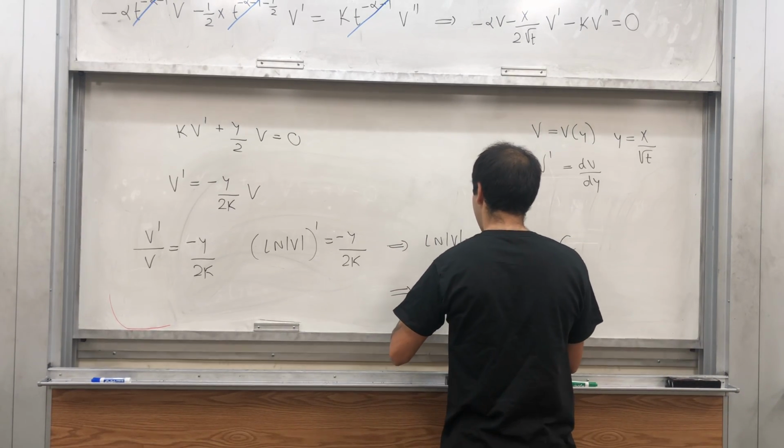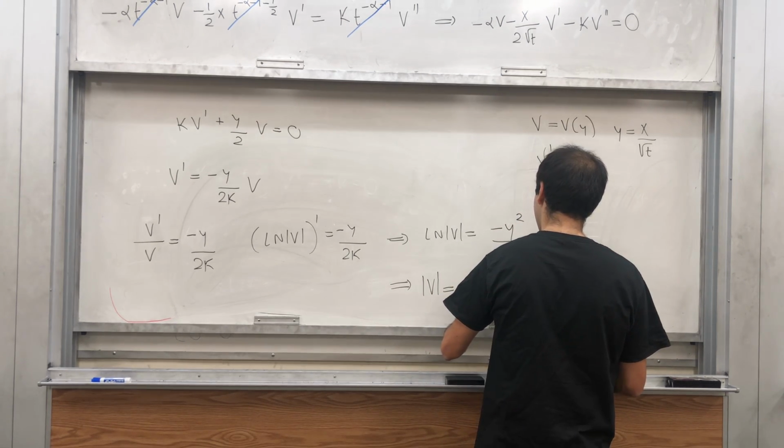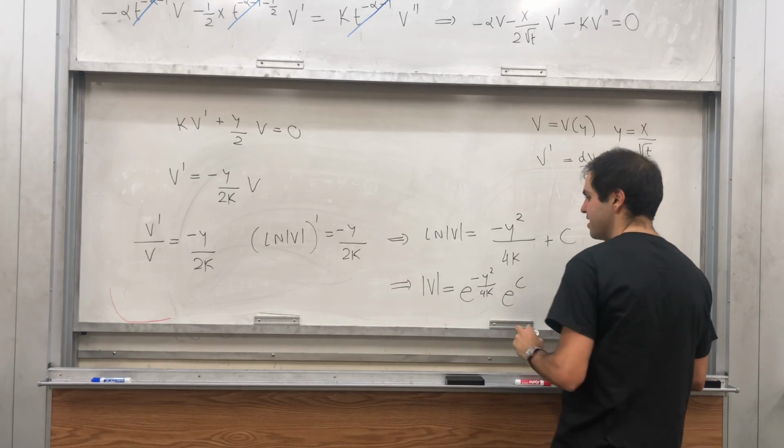And then the absolute value of v is e to the minus y squared over 4k, and then e to that constant.